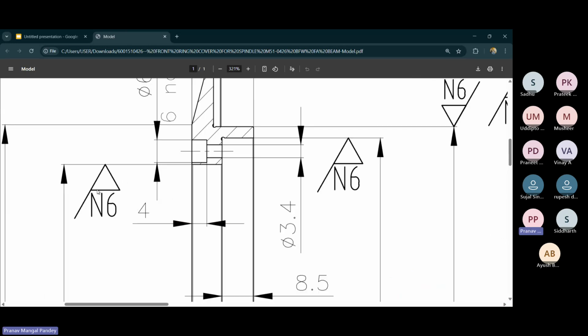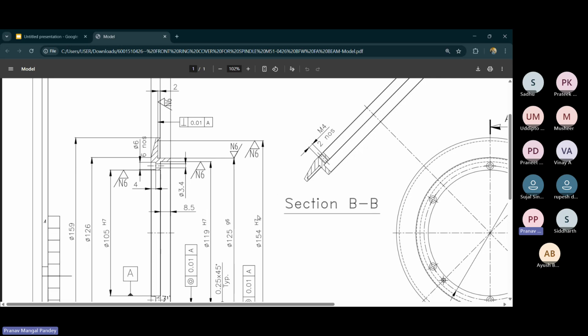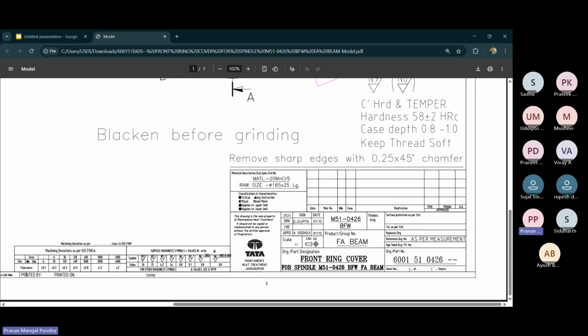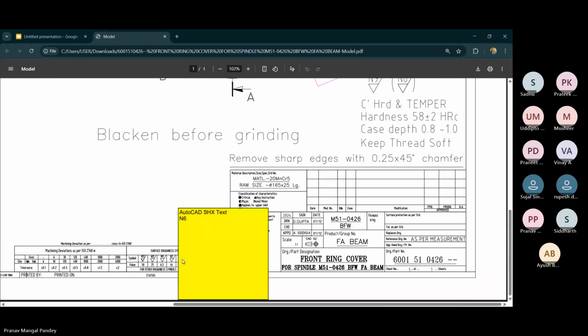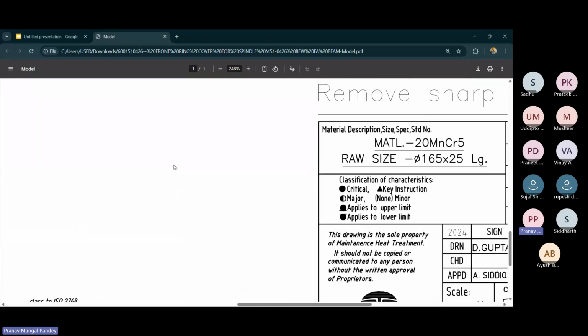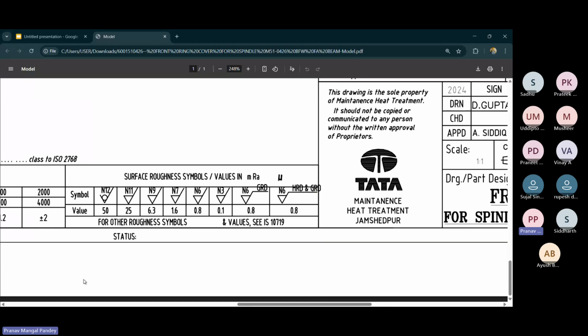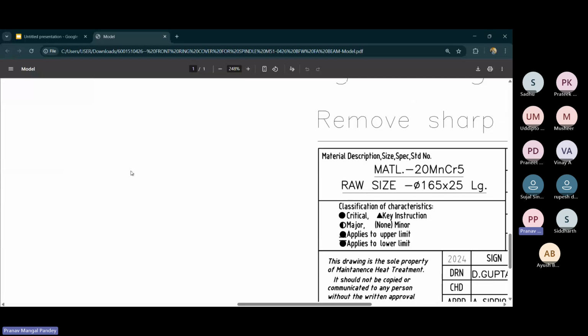This symbol is usually used for surface smoothness, or roughness, whatever you would like to say. For example, at the end here, you can see the surface roughness symbols. What is the meaning of N9? What is the meaning of N7? What is the meaning of N3? All of that is written in this drawing itself. So this is what a part detailed drawing looks like.